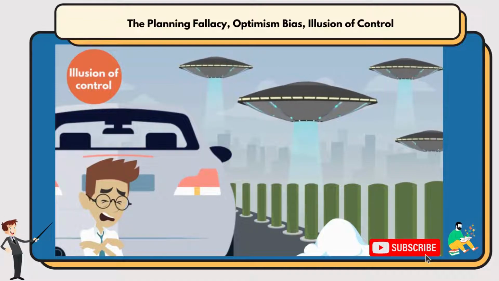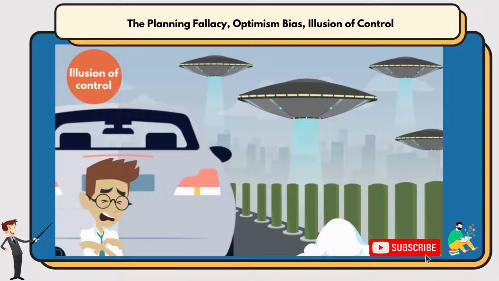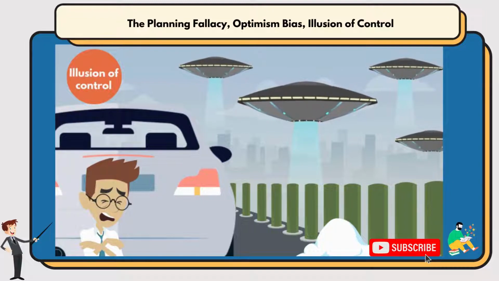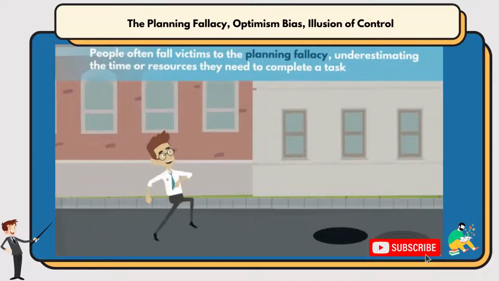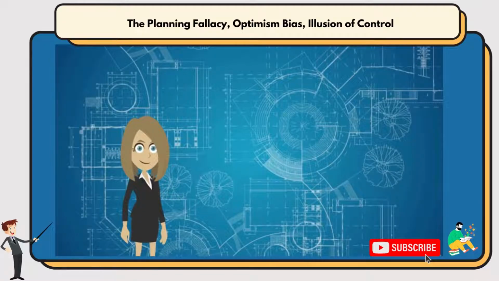Okay, so what this journey into human cognition teaches us is this. People are generally bad at planning, and they often fall victims to the planning fallacy, underestimating the time or resources they need to complete a task. So, let's get back to project management now.